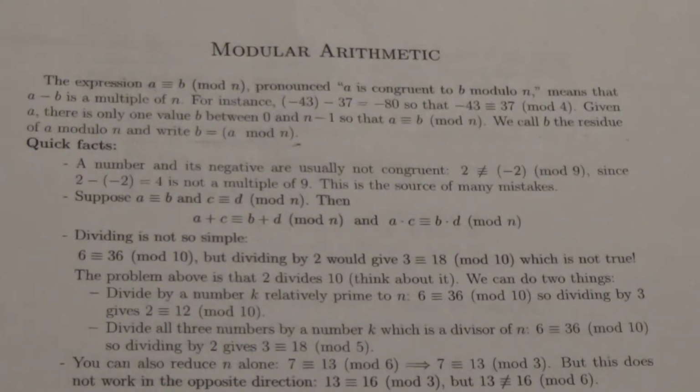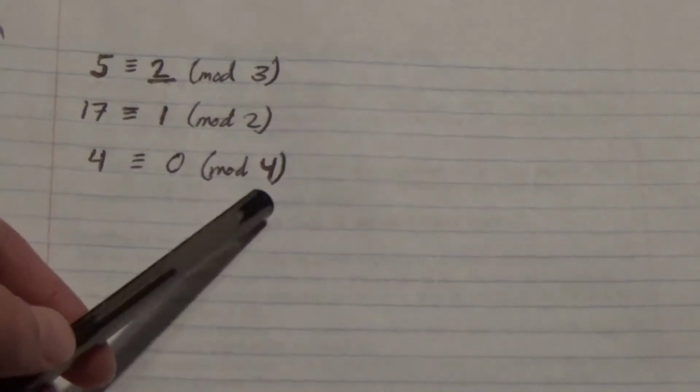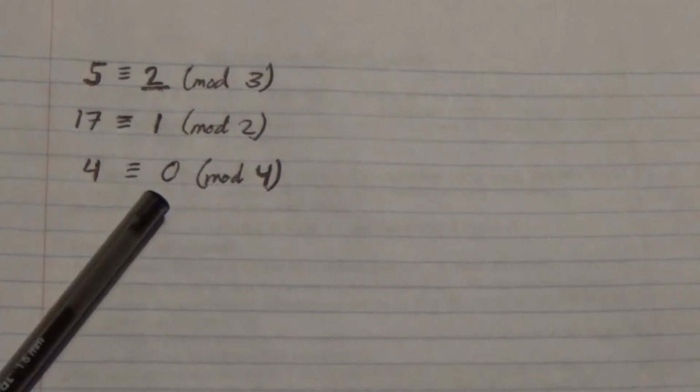But just for now, realize that the only relevant numbers in some kind of modular system are really the natural numbers 0 through n minus 1. So, to show an example, if we were in modulo 4 arithmetic, the only numbers you'd ever find in this second kind of variable position would be 0, 1, 2, or 3.